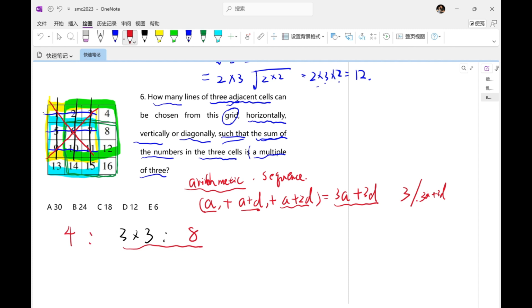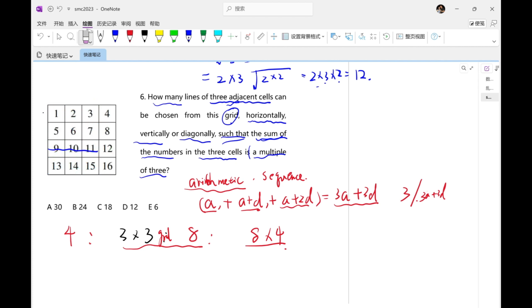And there are 4 such 3 by 3 grids. So the whole number is 8 times 4. But for each 2 grids, for example this 2 grid, there exist 2 lines overlapped. So we should subtract this. Each pair should subtract 2.